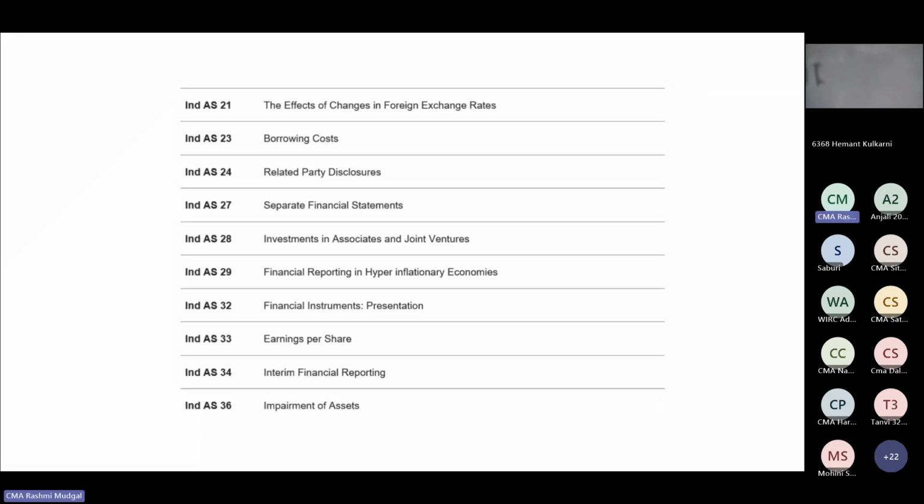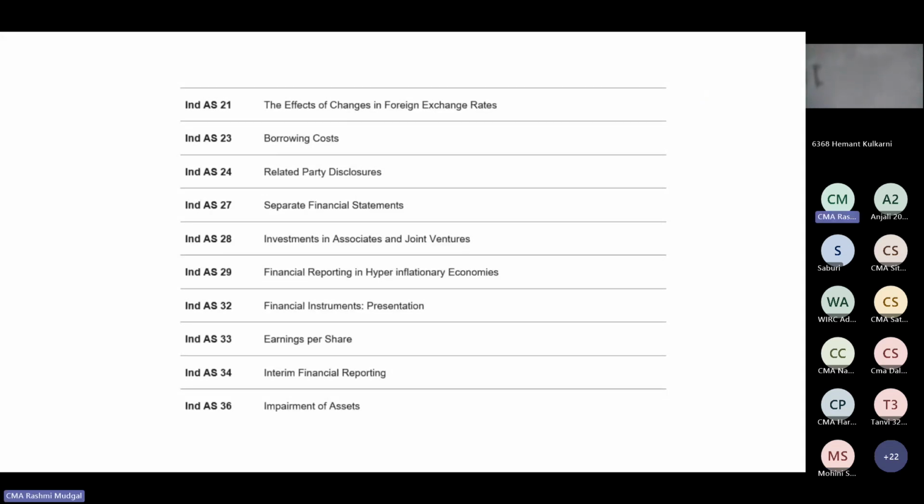Okay. So we were talking about hyperinflationary economies. What is a hyperinflationary economy? When the currency value is declining at a very speedy rate, that is called a hyperinflationary economy.